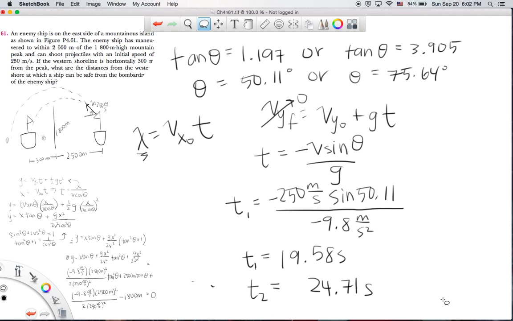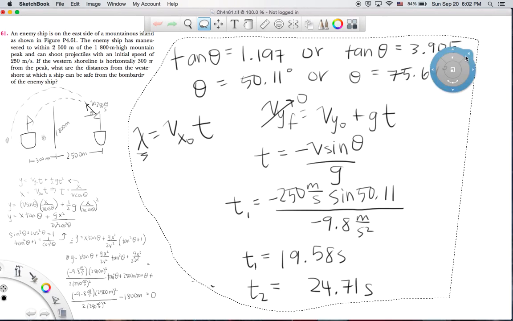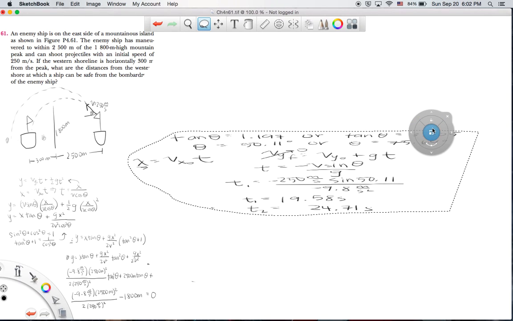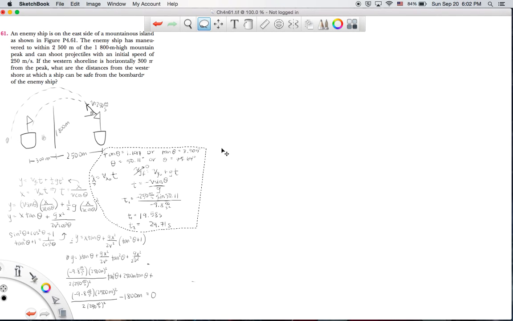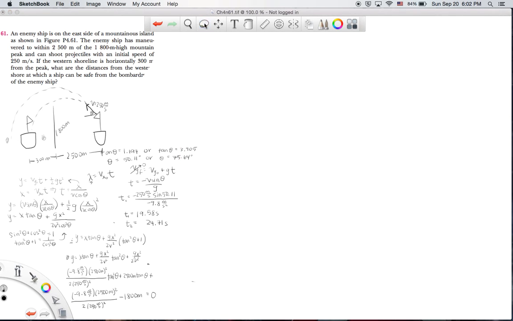So now that we have the amount of time that the projectile is in the air to get to its maximum height, we multiply each of those times by 2 to get the total amount of time that they're in the air before hitting the ground.